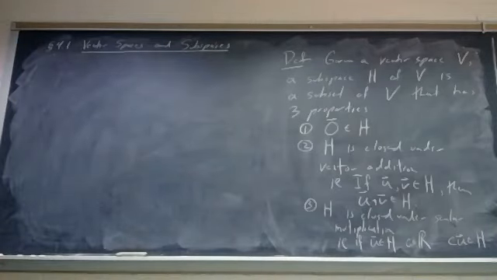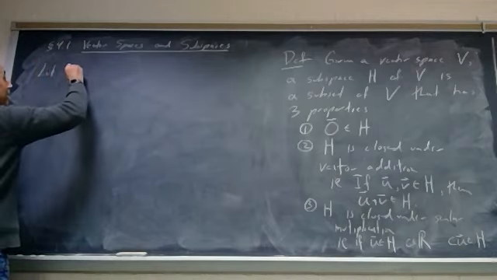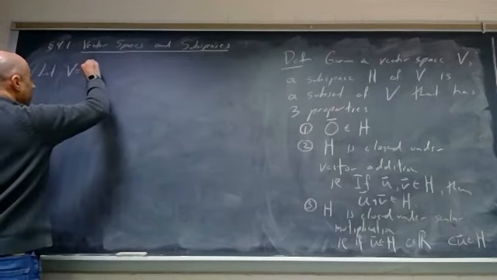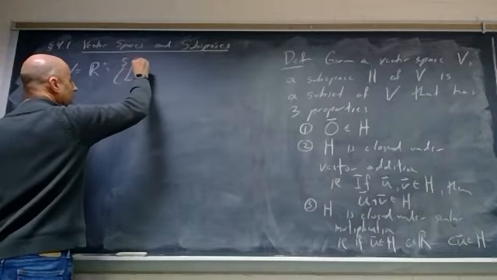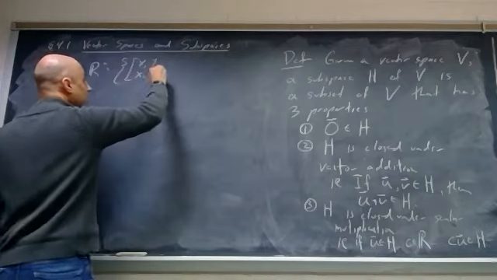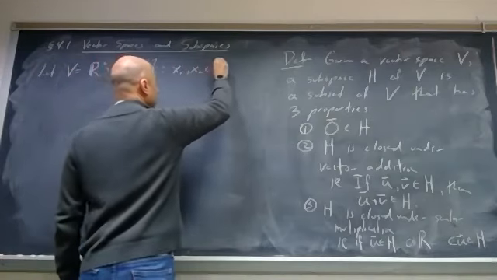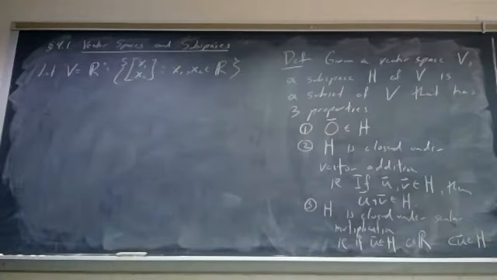So let's take a look at some subsets of vector spaces. So let's let V be the vector space R2. So all the vectors of the form x1, x2, such that x1 and x2 are real numbers. So a vector space we've been working with all semester. All those arrows in R2.